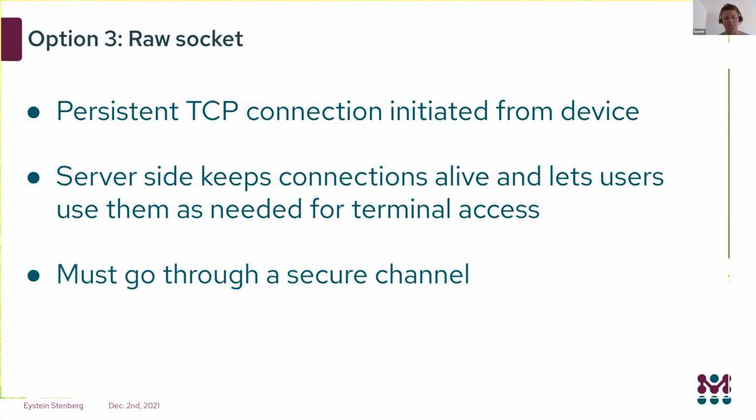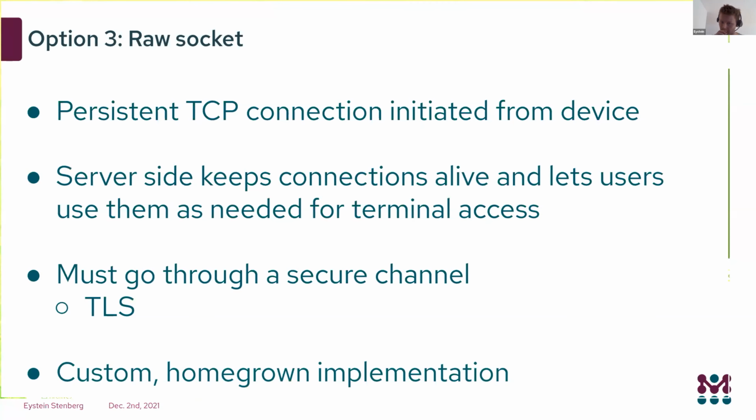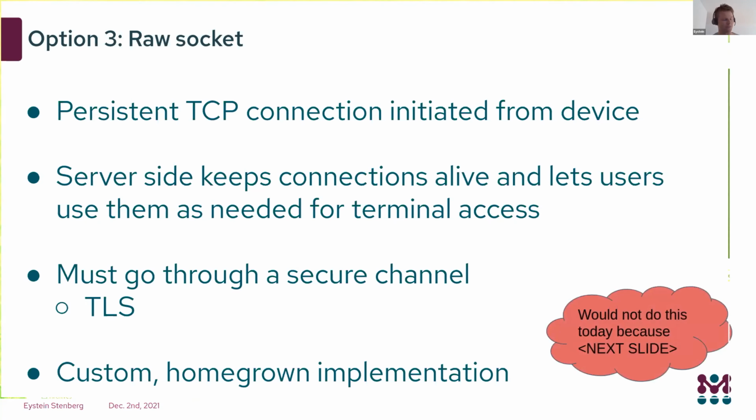Of course, it must go through a secure channel due to the network requirements we had. This will be TLS. I don't see any other options that are viable, but still this is pretty well-known technology. And this would be, in the end, a completely custom implementation that you would make yourself. This I would also not do because of what's coming.